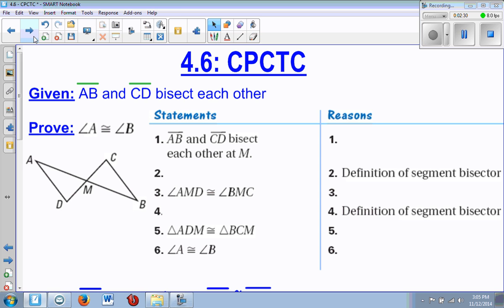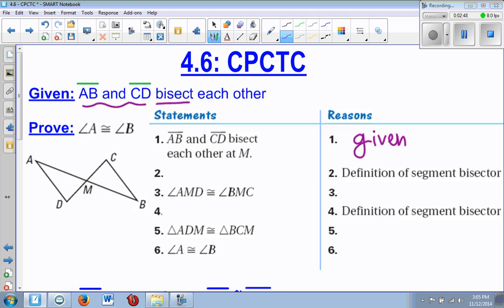So what you're going to see about all of these proofs is that every single one of them is done the exact same way that we've done every other proof in this unit. So if you notice, when we start this particular problem, you have no congruencies given to you to start the problem. All we know is that these two segments bisect each other. That means that from A to M and M to B are congruent segments because of the definition of a bisector.